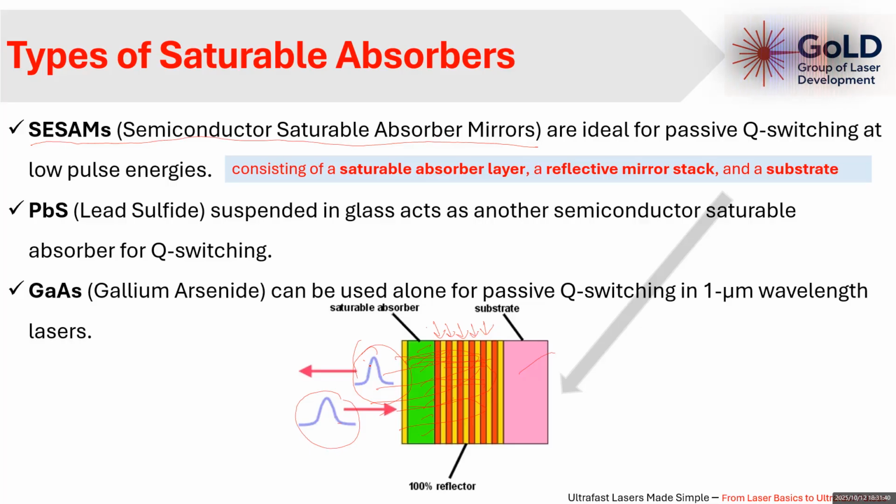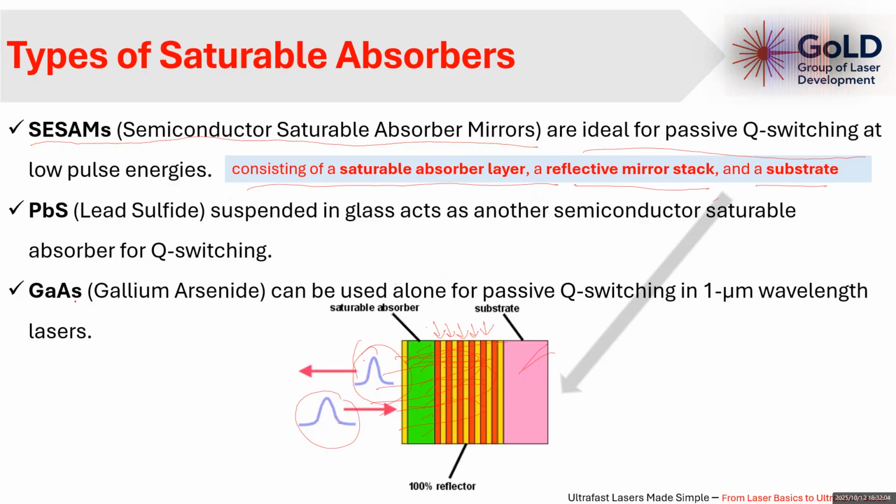What is written here? Ideal for passive Q switching, this kind of arrangement, and low pulse energy. What it consists of is suitable saturable absorber layers, which can be a dye or something else, and reflective mirror stacks, this one, and a substrate, this one.